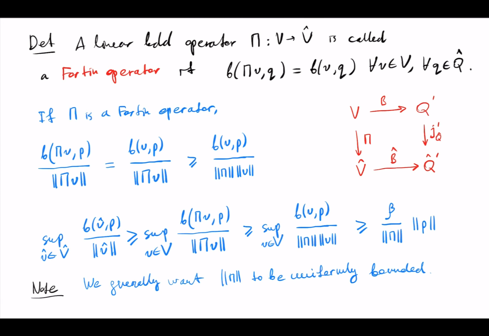Generally we want the norm of the Fortin operator to be uniformly bounded. In the next lesson we will look at some examples where we use the Fortin operator to show discrete inf-sup conditions.